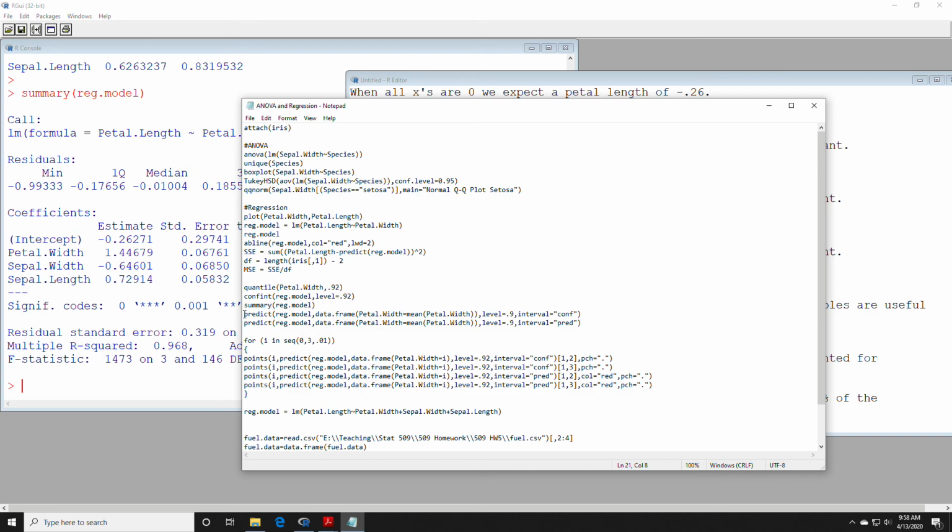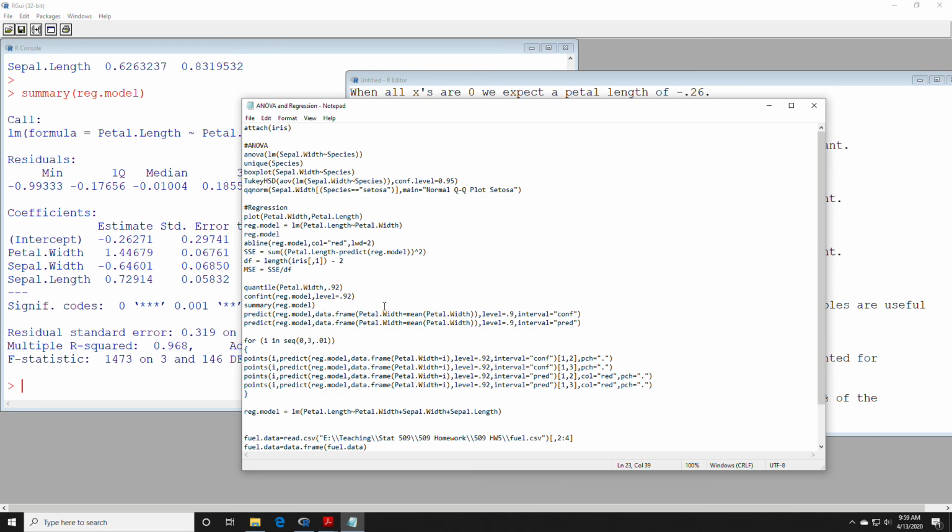And as before, you can do prediction intervals and confidence intervals for the mean value. The only difference is we've got 3 x's in the model.